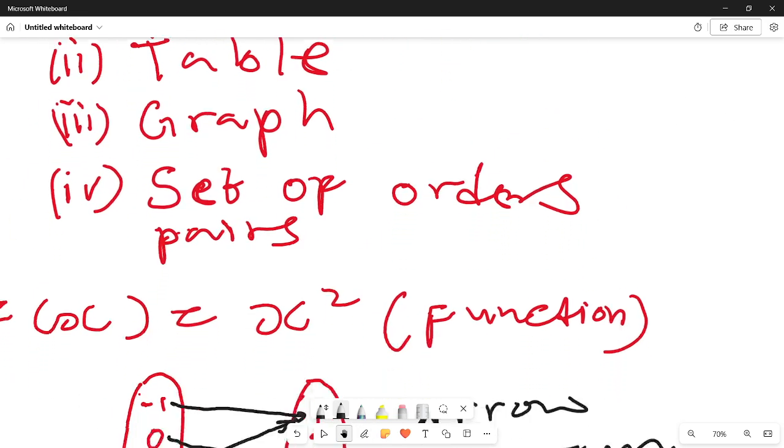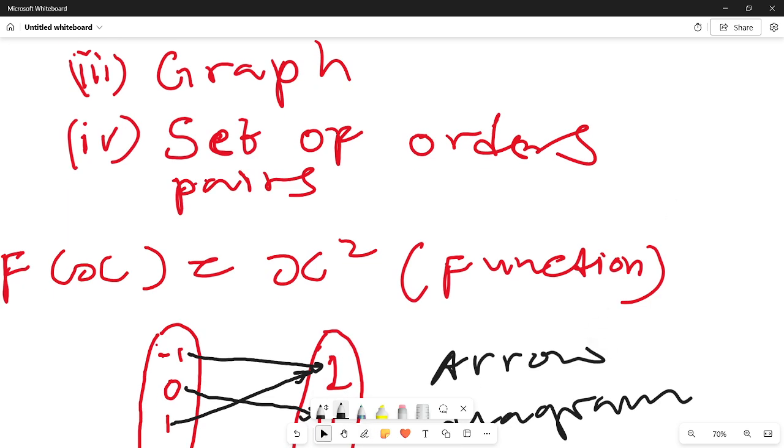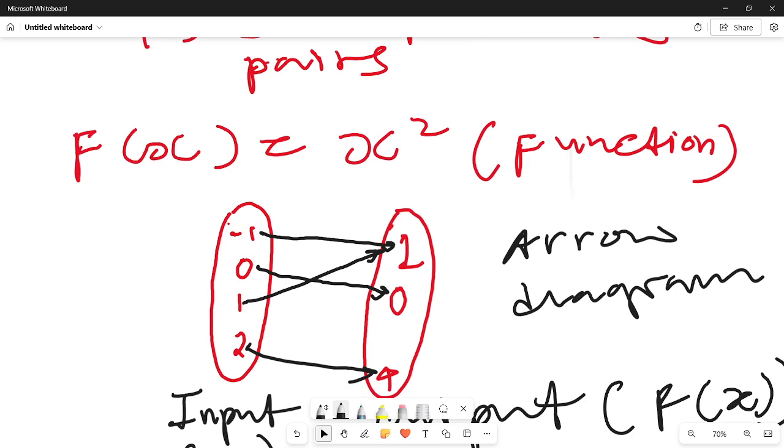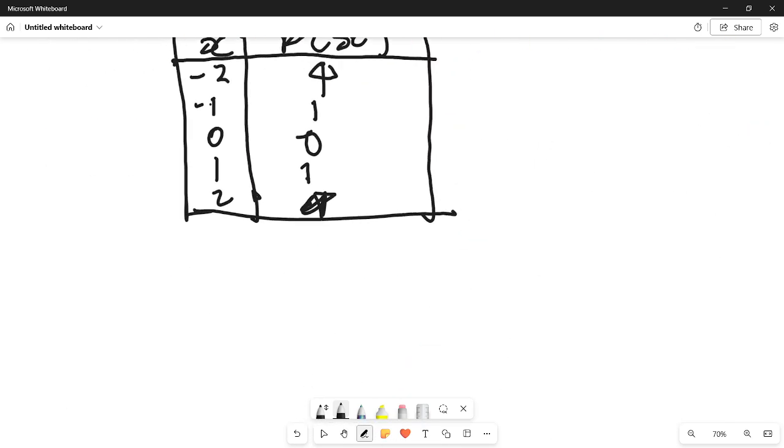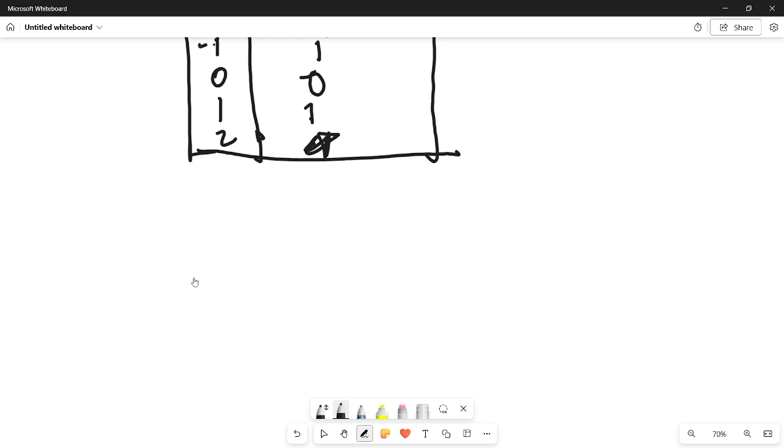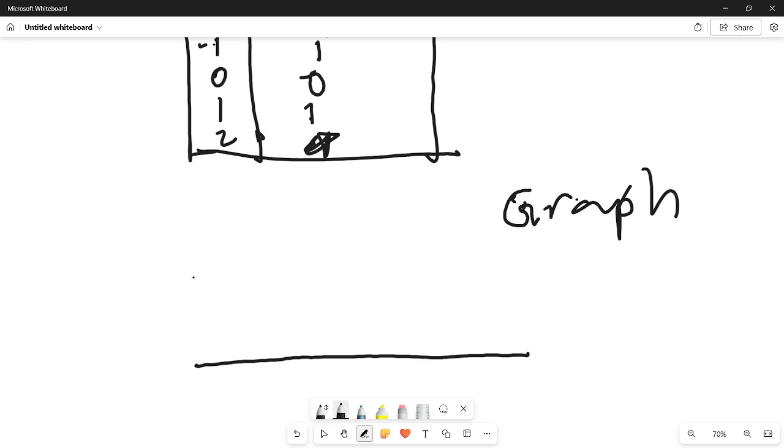presenting a function using graphs. I'll still use the same values that I have here in the table. So as graphs, using a graph, we'll need the x-axis. That's our x-axis, then the y-axis.